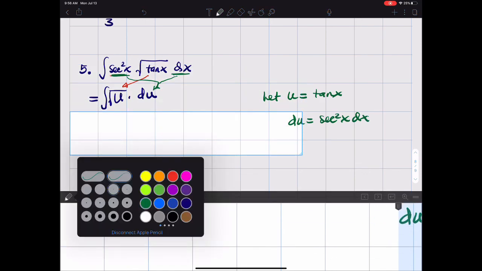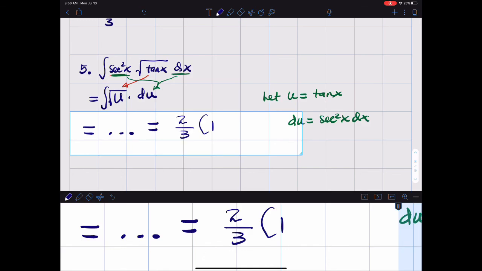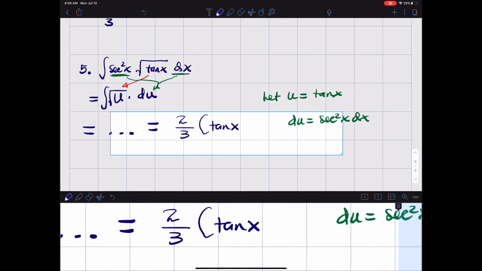This is now easy to deal with, and I will let you do it. It's just 2 lines, or 1 line actually, if you like to skip lines. I like writing things down, being very detailed. So this is 2/3 tangent of x to the power of 3/2 plus c. That's the final answer. You should try it.